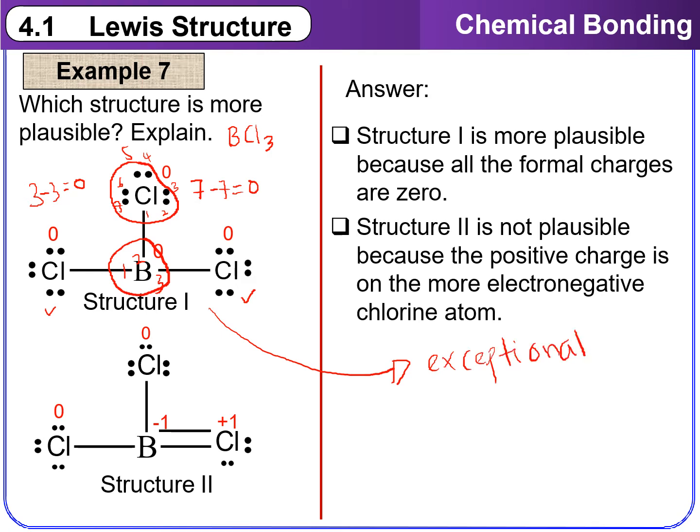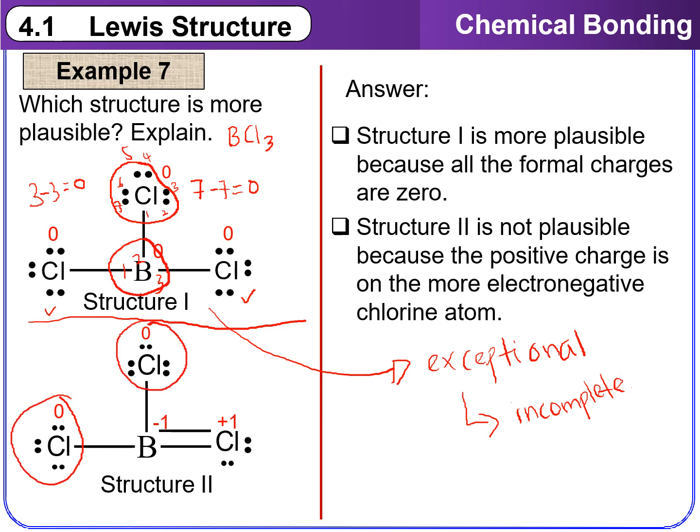Boron is one of the examples that show an incomplete octet. If you still want to make it a double bond, it's okay, no problem. Then let's calculate the formal charge. This chlorine does not need to be repeated because it is similar to the previous structure with the single bond.